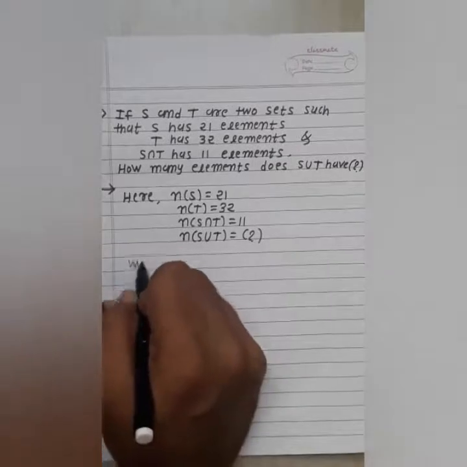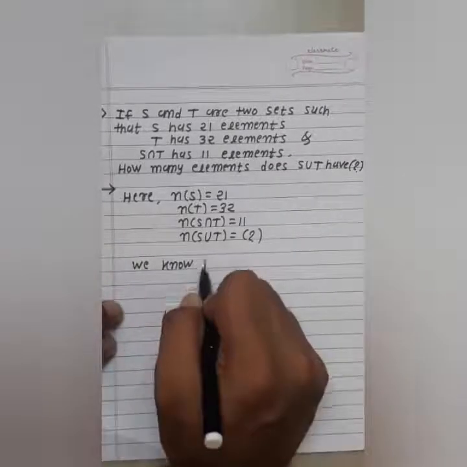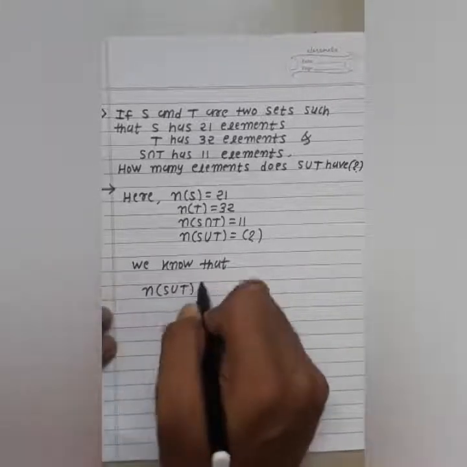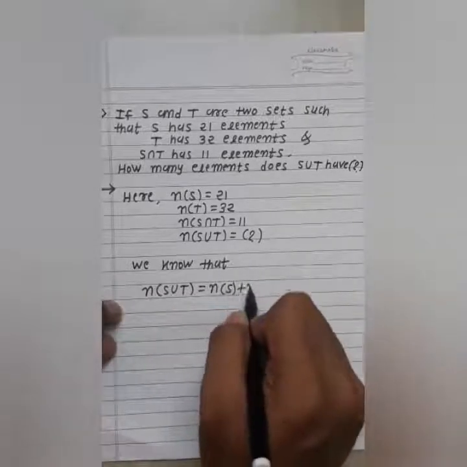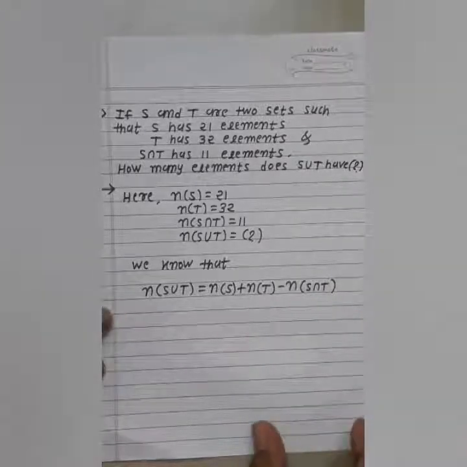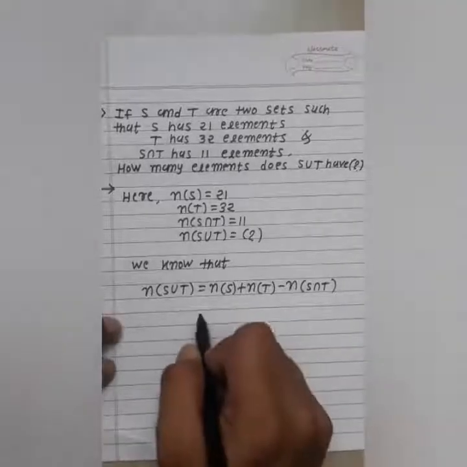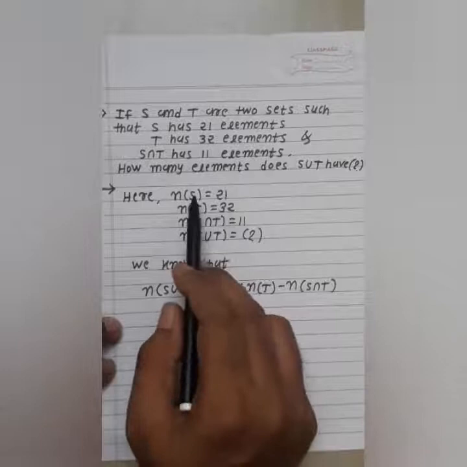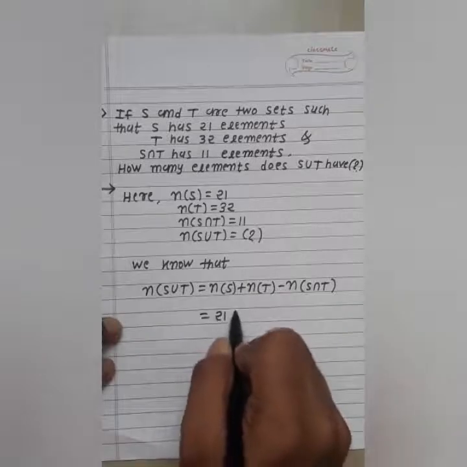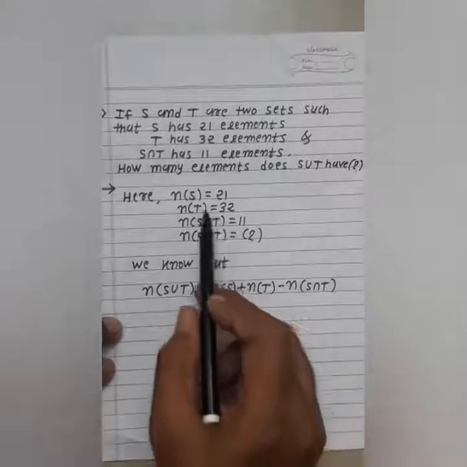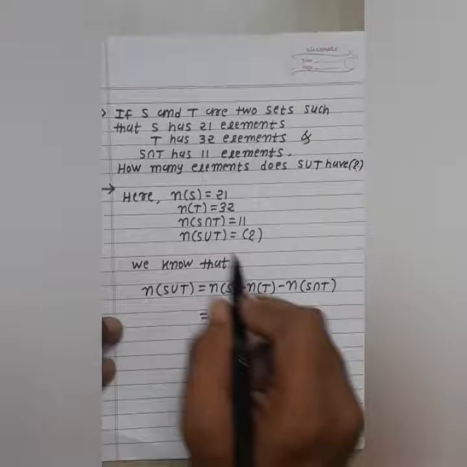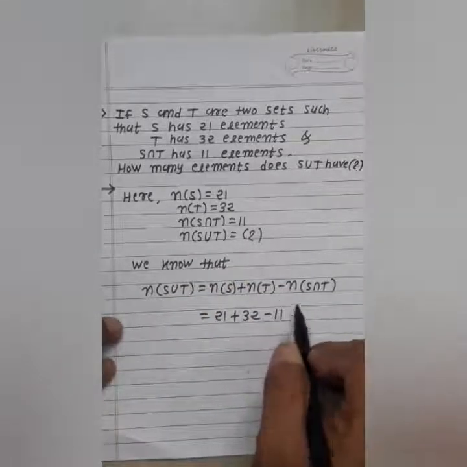Now we know that n of S union T is equal to n of S plus n of T minus n of S intersection T. The number of elements of S is given as 21, so we write 21 plus n of T, which is 32, minus n of S intersection T, which is 11.